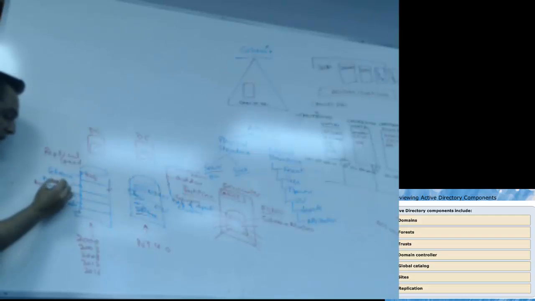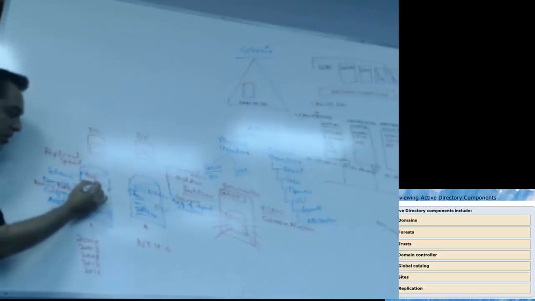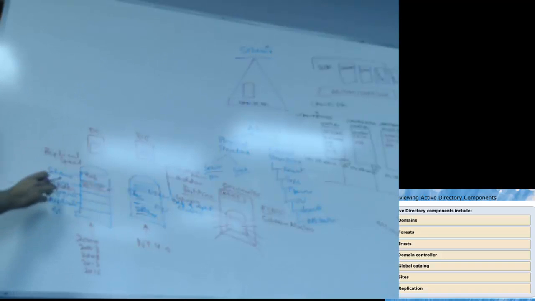Now, the domain naming partition is the most frequently used partition. This partition has how many OUs there are, how many users there are, what the permissions are, security, and everything. So every common thing that we do in Active Directory is actually done in the domain naming partition.